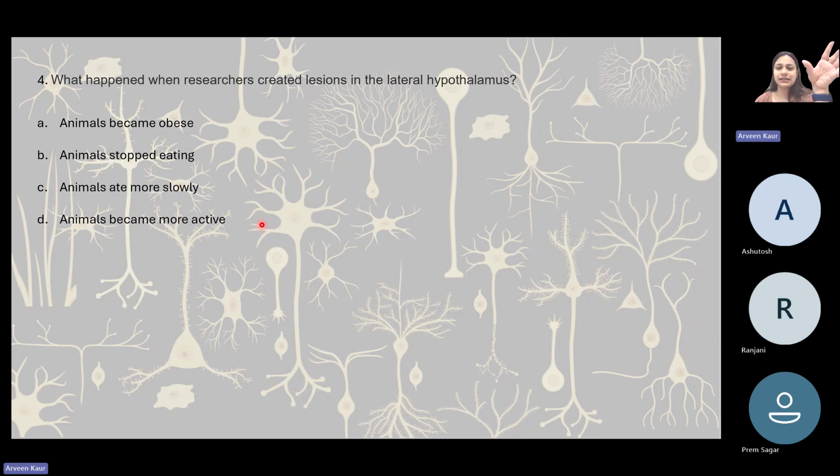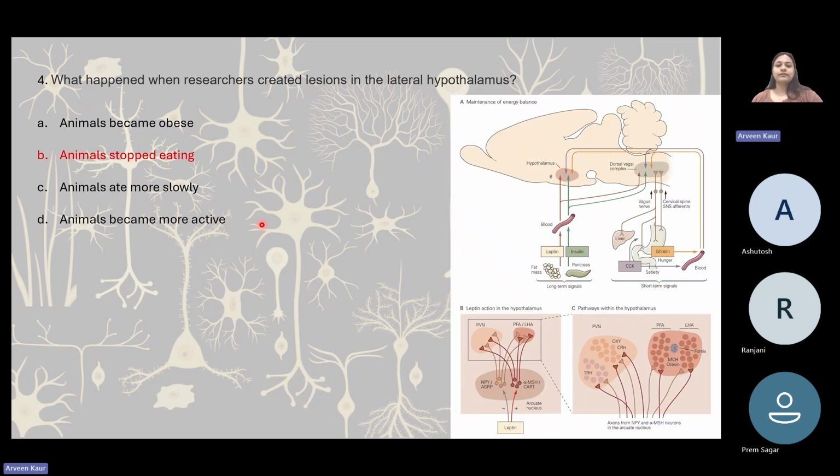One was a feeding center, and one was the satiety center. So over here, the lateral hypothalamus might have been the feeding center, because when lesions were created in the lateral hypothalamus, the animals actually stopped eating.